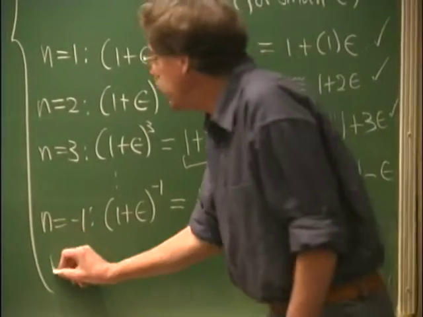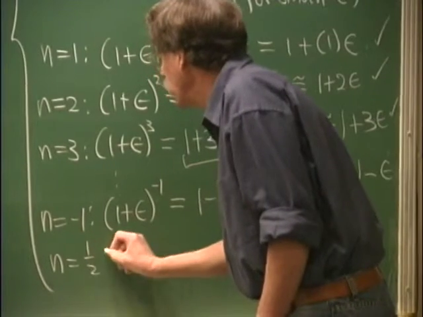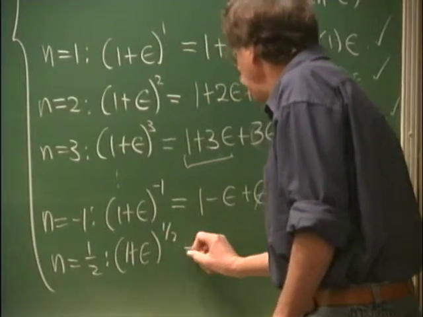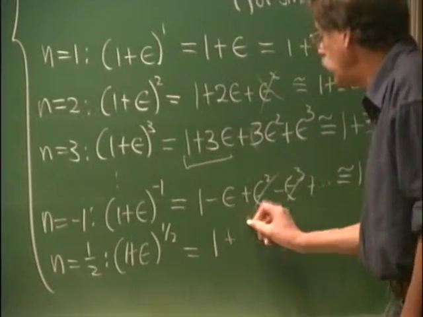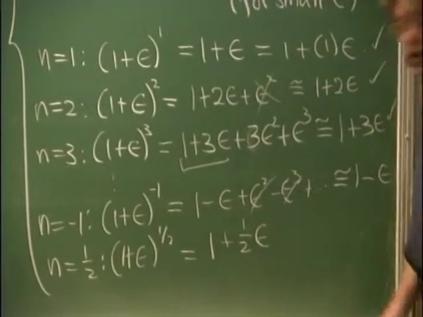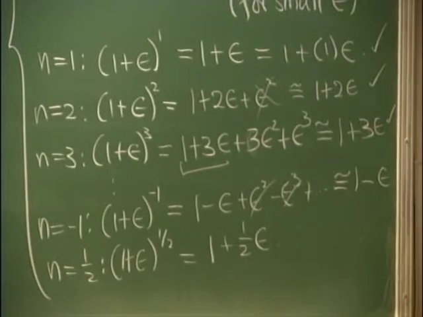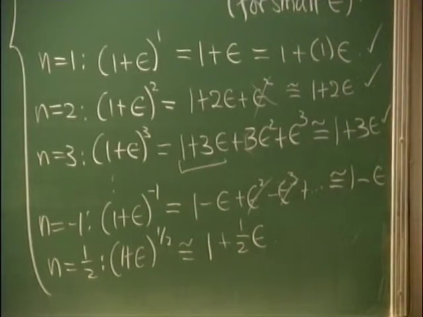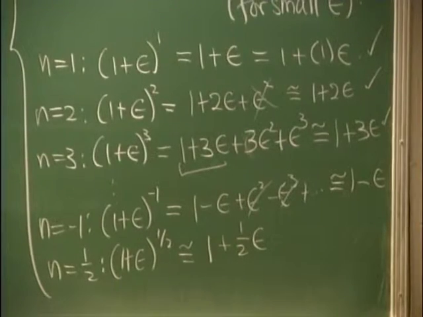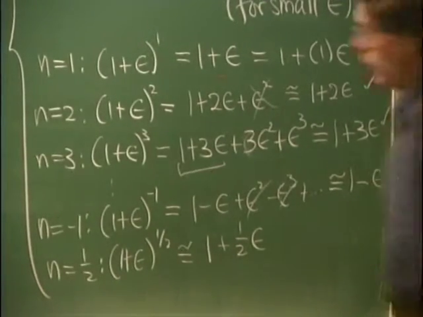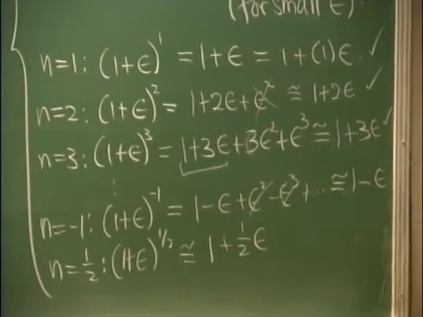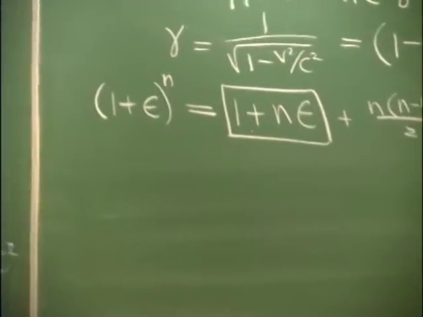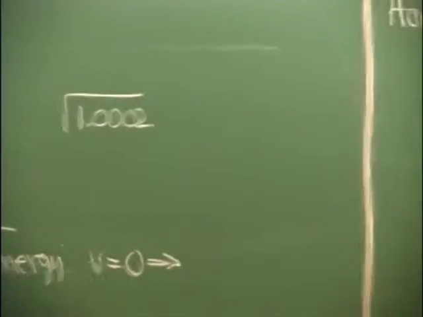But how about n equals 1/2, for example? 1 plus epsilon to the 1/2. I don't know how this goes, but it's going to be 1 plus 1/2 epsilon. I'll tell you that's going to be true if epsilon is quite small. For example, you could use this for very fast mental arithmetic. If somebody says to you, what is the square root of 1.0002?